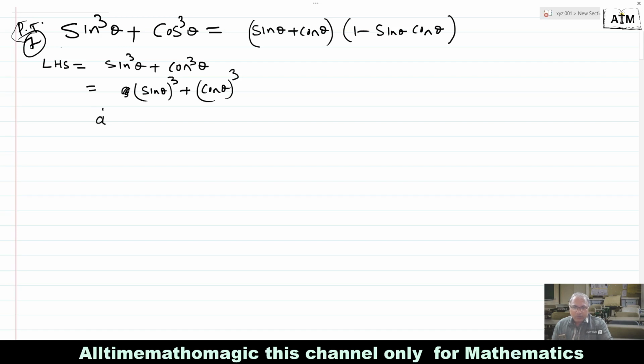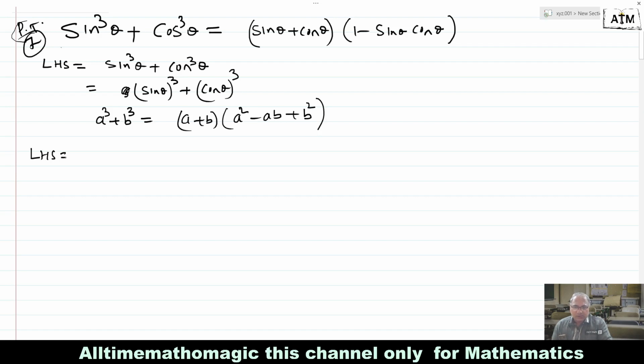Now we have one algebraic formula: a cube plus b cube equals (a plus b)(a square minus ab plus b square). According to this algebraic formula, we can solve this equation.